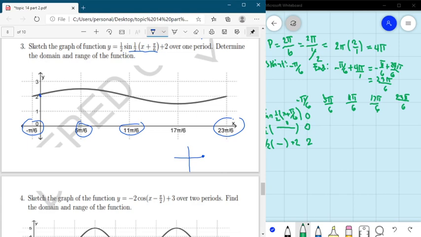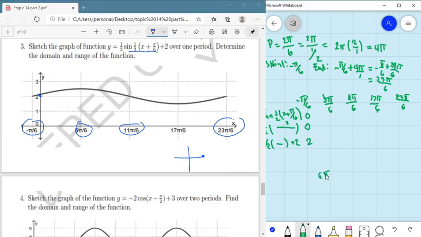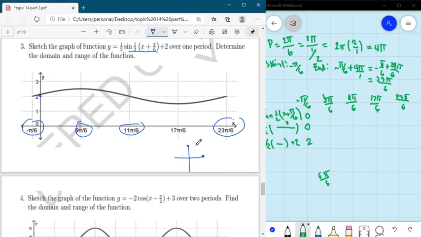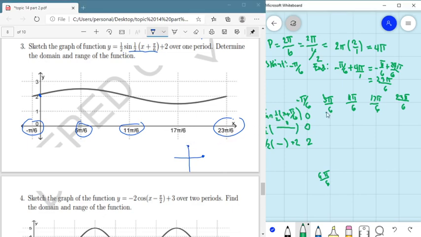Then 5 pi over 6. So x plus pi over 6, which is 5 pi over 6 plus pi over 6, becomes 6 pi over 6, which is pi. Times 1/2, that would be pi over 2. So the sine of pi over 2 is 1. Okay?